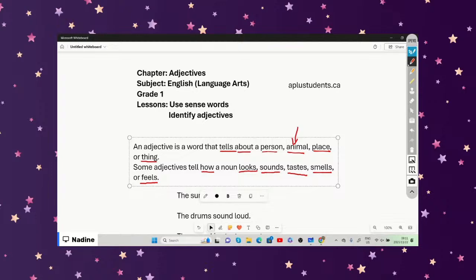Remember, an adjective also describes a person, animal, place, or thing. Or we can even say it modifies a person, animal, place, or thing. And we can do all of those based on looks, sounds, taste, smells, or how it feels.